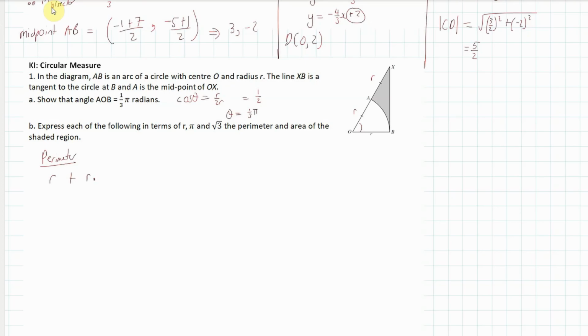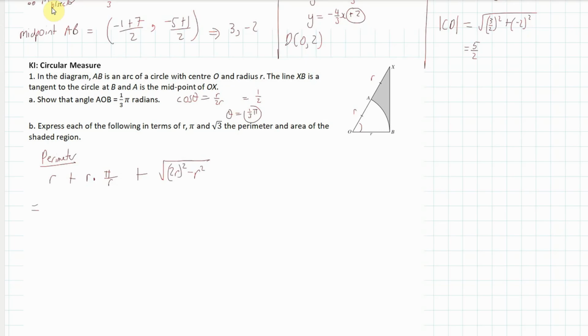R times, and we know that theta we've already worked out is pi over 3. And then this bit here, we can use either Pythagoras or trigonometry to work out. So I would probably do Pythagoras. So it's going to be the square root of 2r squared minus r squared.